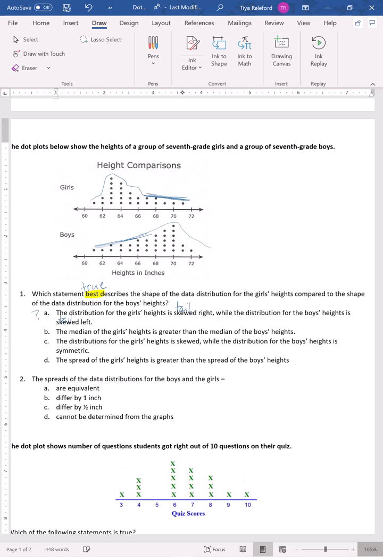B says the median of the girls' heights is greater than the median of the boys' heights. So remember, this is the middle. You're going to cross off back and forth.